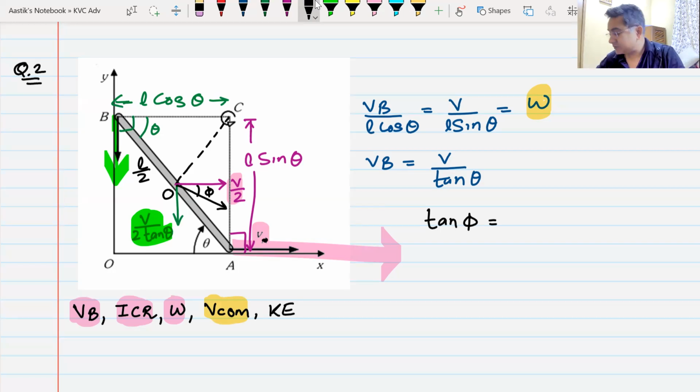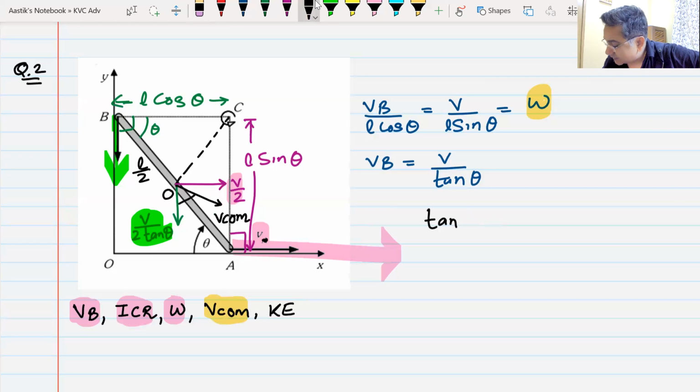Or let us not call this angle phi. Let me call this the velocity v dash of the center of mass. Do we understand this? It has two components, one along the x-axis and one along the y-axis. Yes or no?